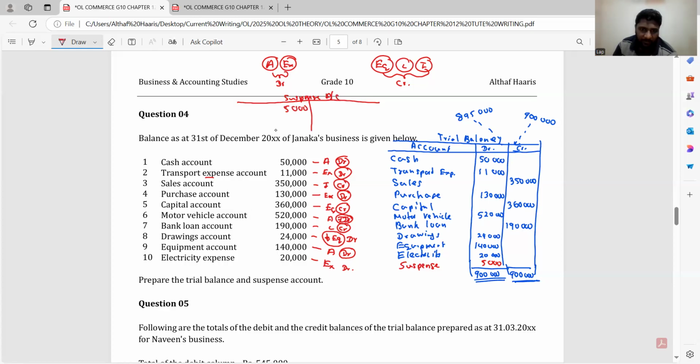Debit side 5,000 from the trial balance. Once you all are done, just let me know, people.